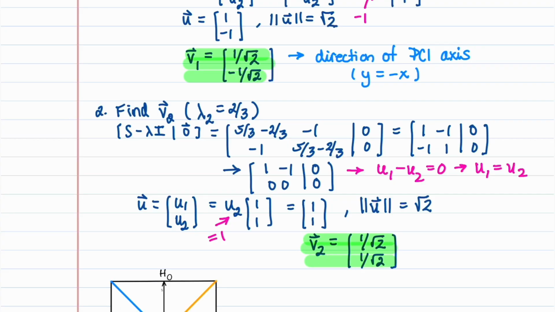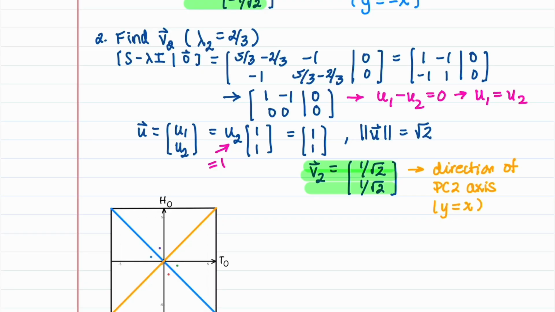Let's think about what the second eigenvector tells us. Eigenvector V2 is in the direction of the PC2 axis. And because those components are the same, this axis is the line y is equal to x.